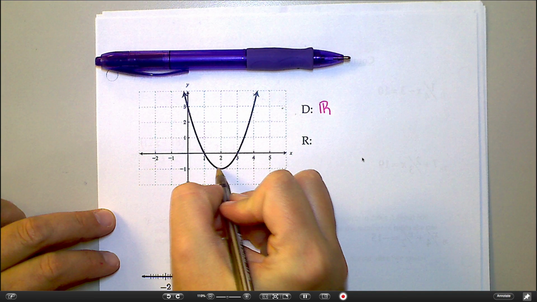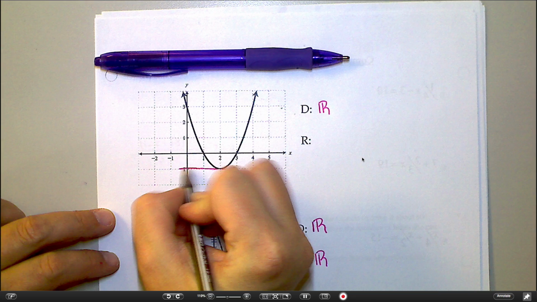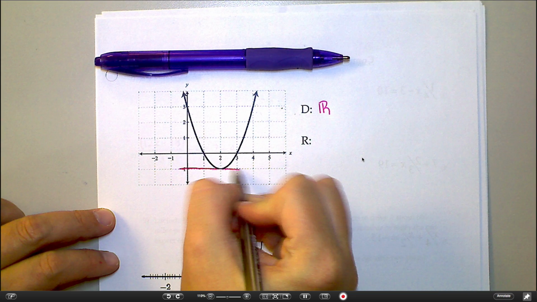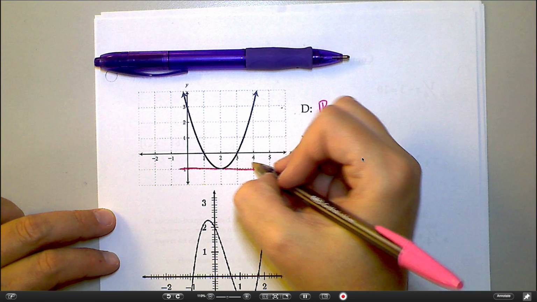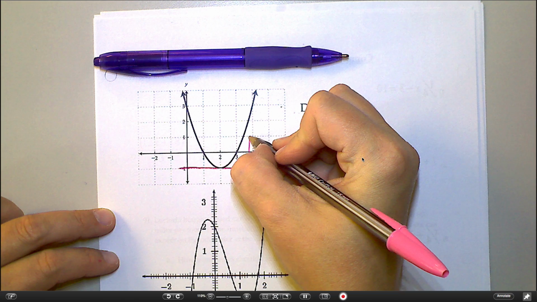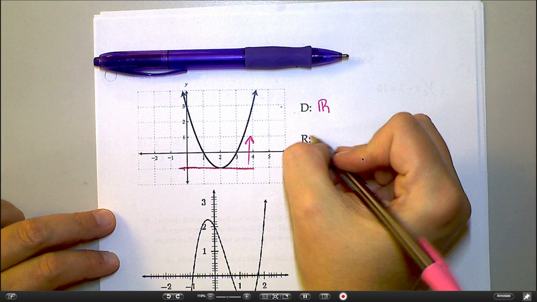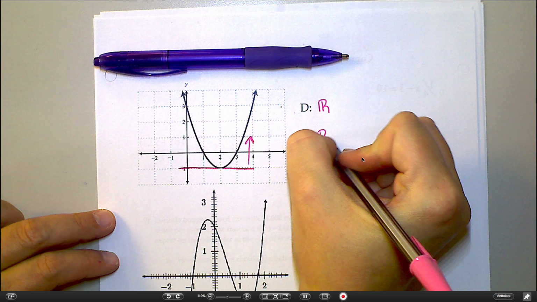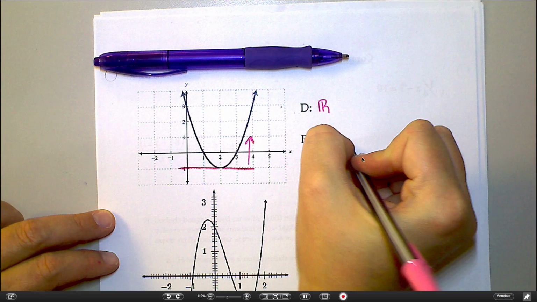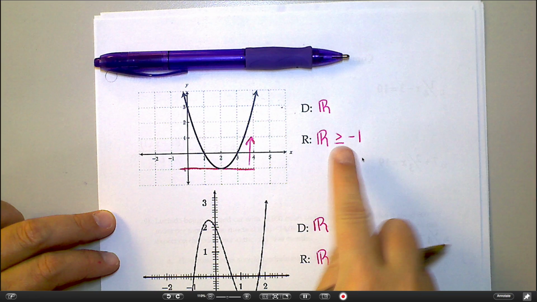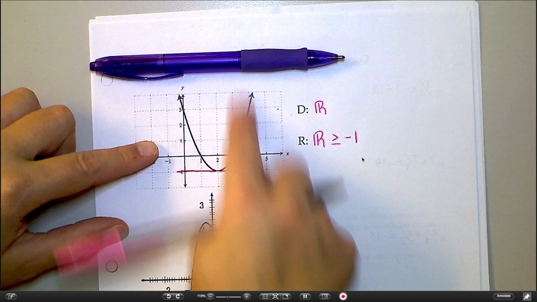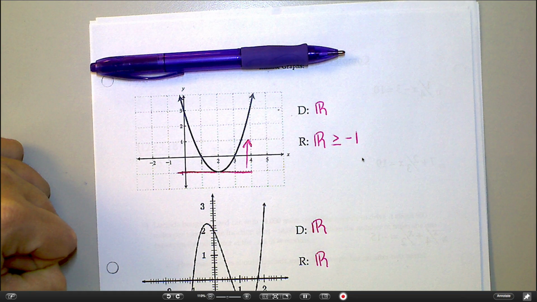That's this right here, which is -1 on the y-axis. And so I want to say this graph covers everything from -1 up. All right, and mathematically, that means everything greater than or equal to -1. Because greater than or equal means heading up when you're talking domain and range. Okay?